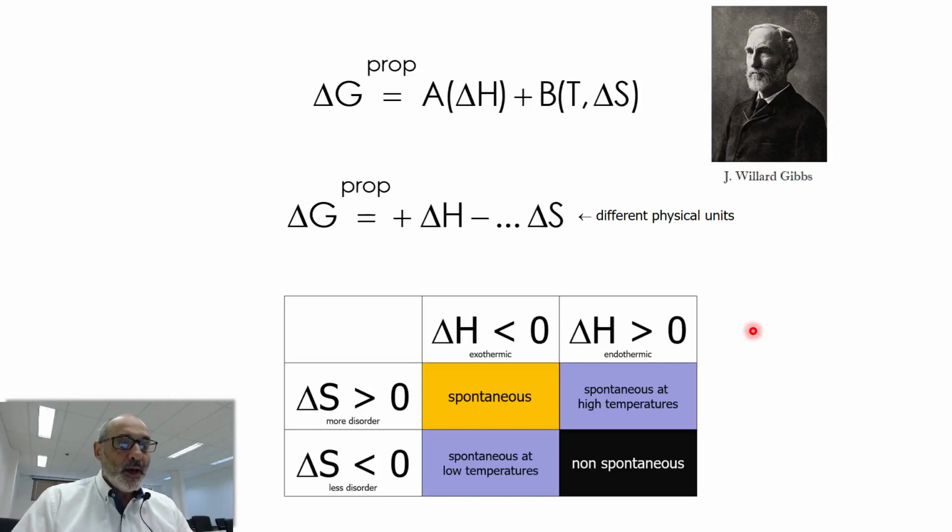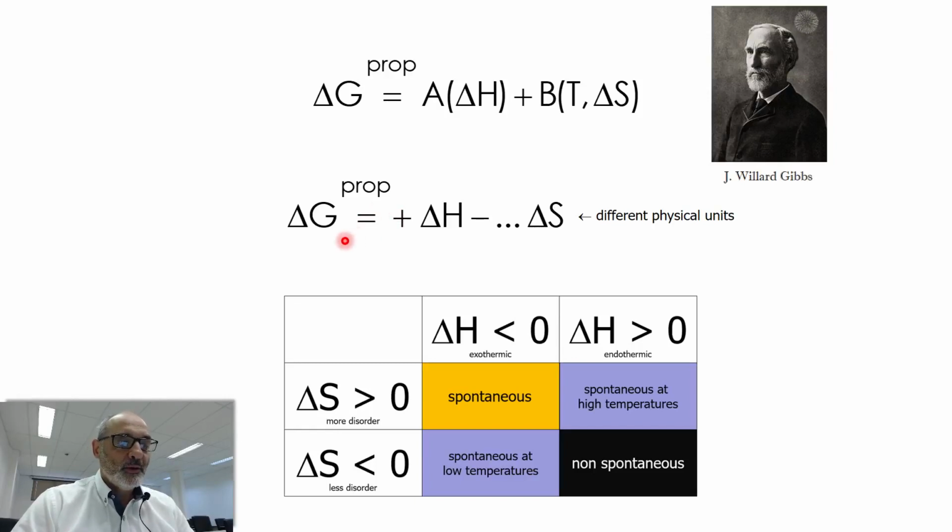So a proposition, now we're trying to combine these variables, entropy and enthalpy. A proposition is this one. Function A of delta H is simply 1, and we're proposing that delta G is proportional to delta H, and proportional to something times delta S. So this is a proposition.